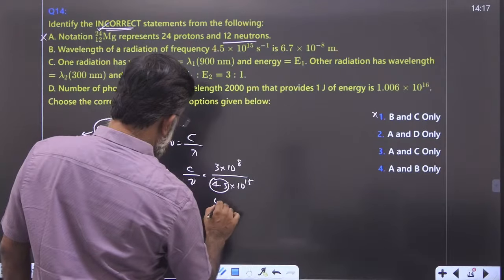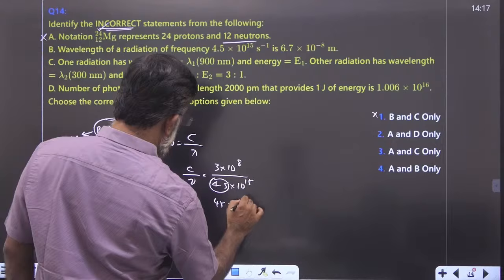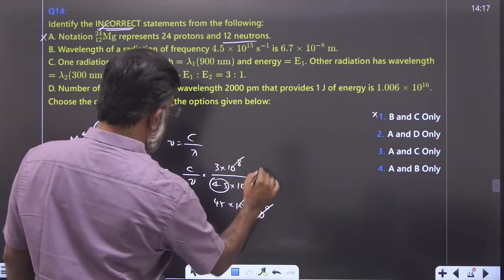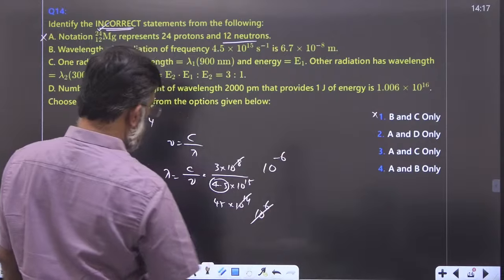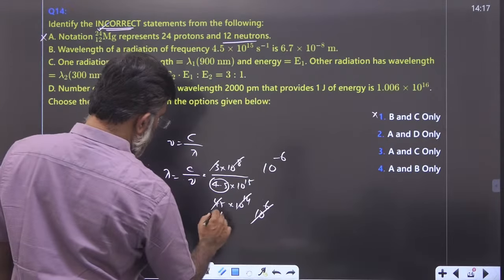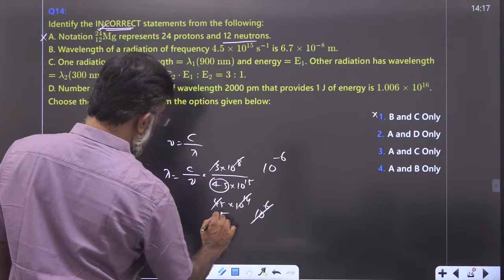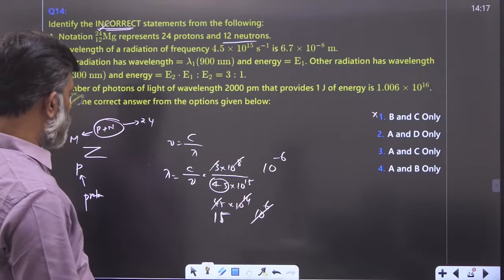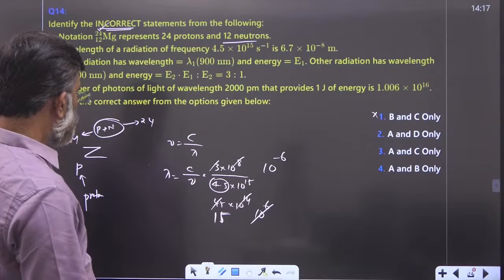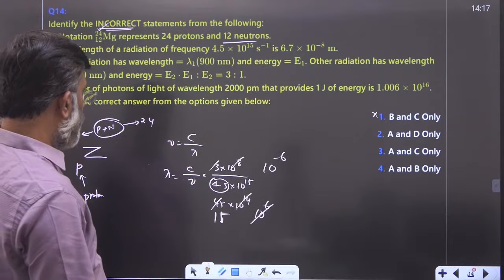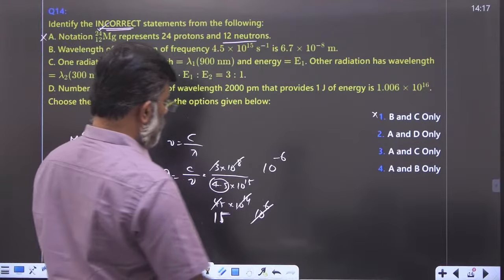That is 45 into 10 power 14. Cancelling, we get 10 power minus 6. This is 3, so 45 becomes 1 by 15. 1 by 15 into 10 power minus 6.